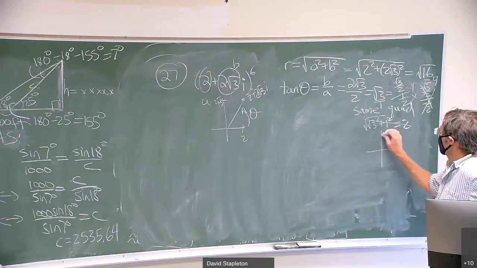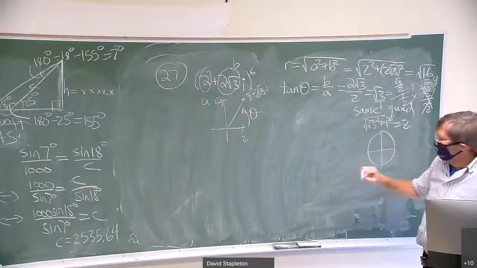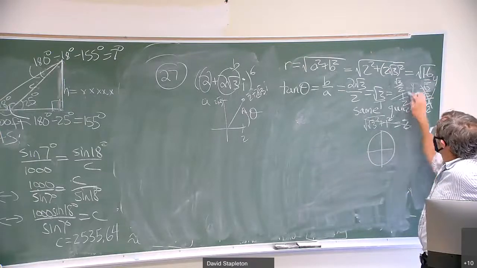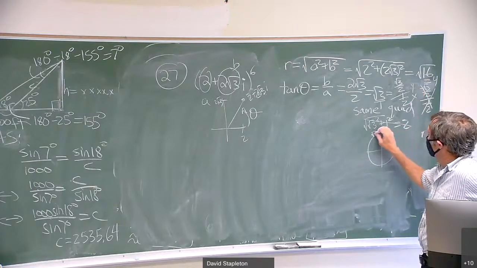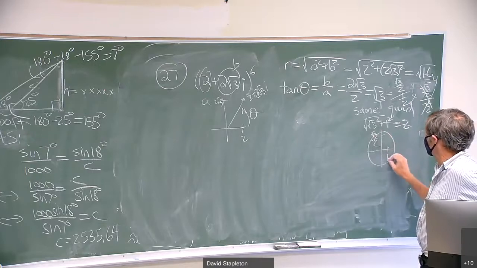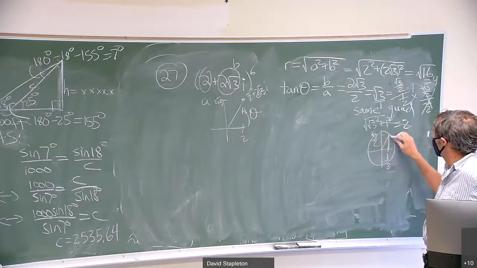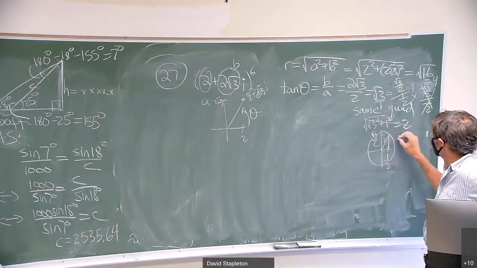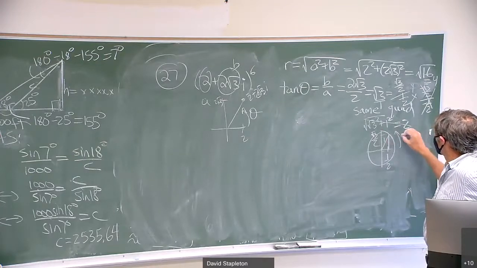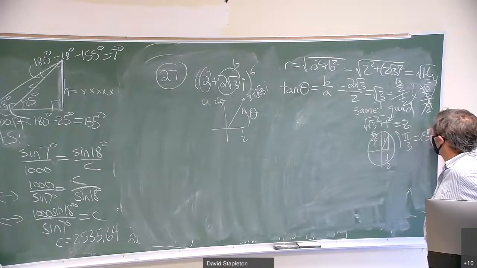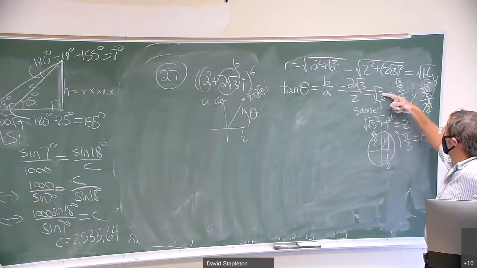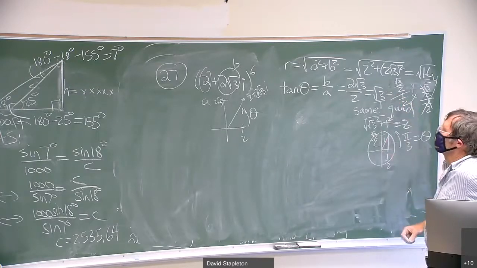And now I look at it. Square root 3 over 2 for Y, 1/2 for X. Puts me up here, and I recognize that reference triangle, right? 1/2, square root 3 over 2, 1. That angle must be pi over 3. That's theta. The angle in the first quadrant with this quotient is pi over 3.